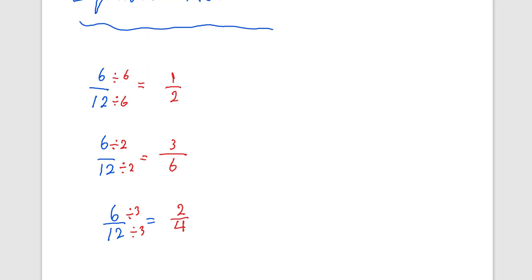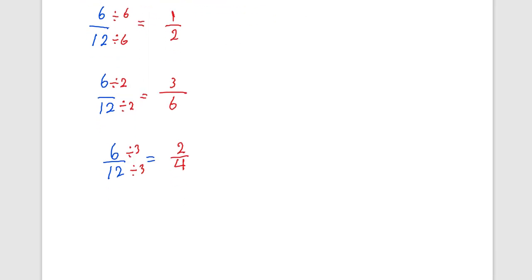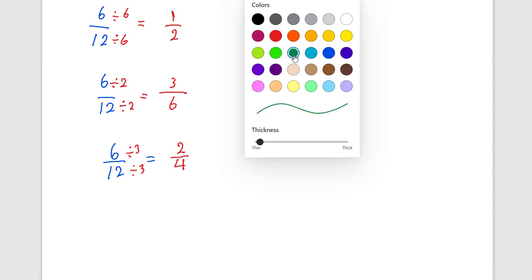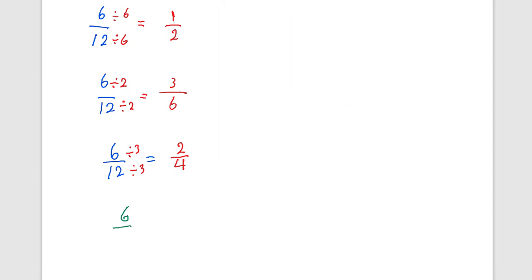And when we take all these fractions, let's write them in one line. So we can see that 6/12 is equivalent to 1/2, is equivalent to 3/6, is equivalent to 2/4, and of course you can get more, but by multiplication, not division.